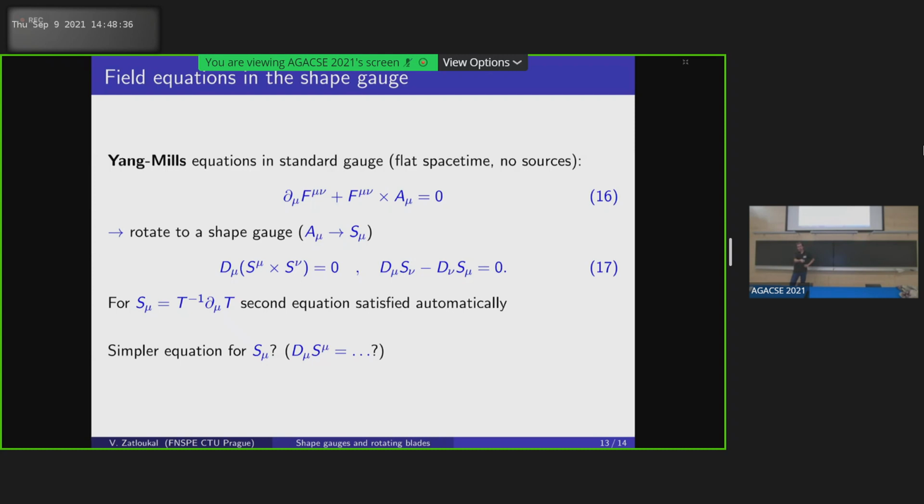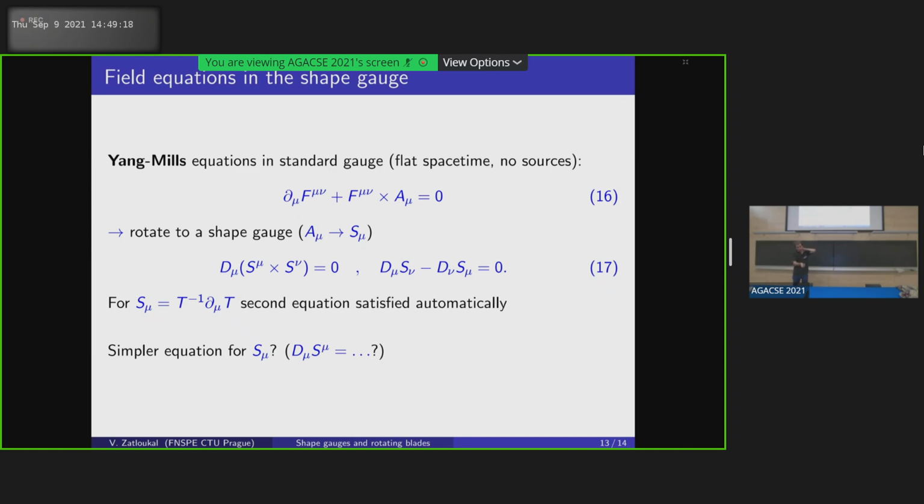So equation 16, where we have a covariant derivative on the field strength, so on the curvatures. We can envisage changing the gauge, rotating from this A mu standard gauge to a shape gauge in which the equations would acquire a nicer form, because we have the form 17, where the curvature is given by the commutator of the shape operators. So it might look like some simplification, or maybe at least reformulation of the problem.